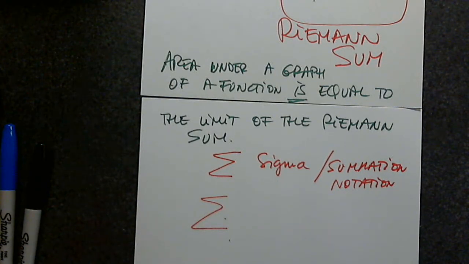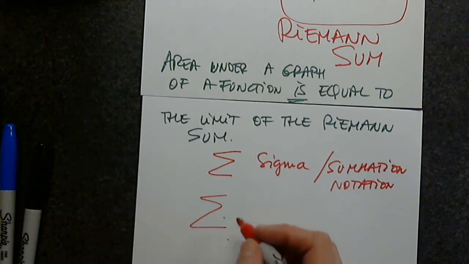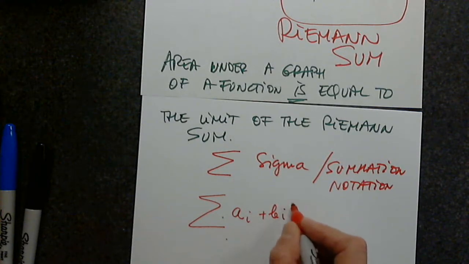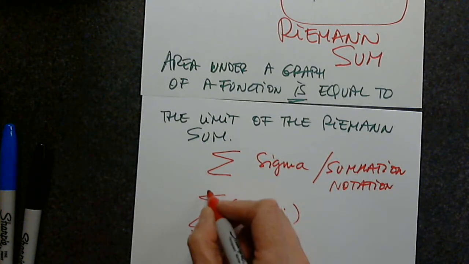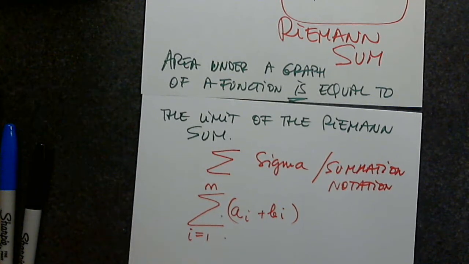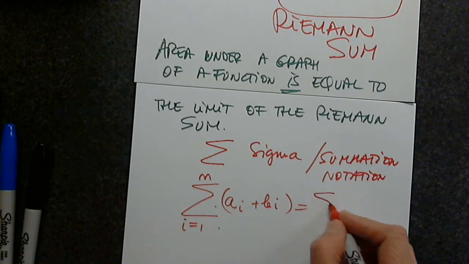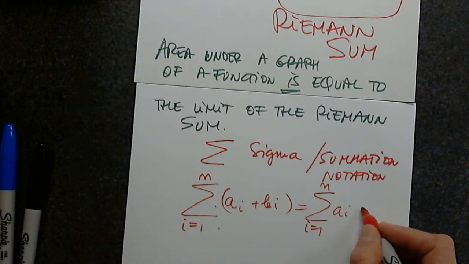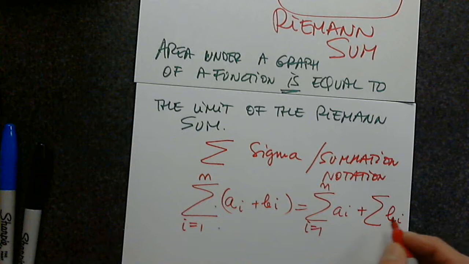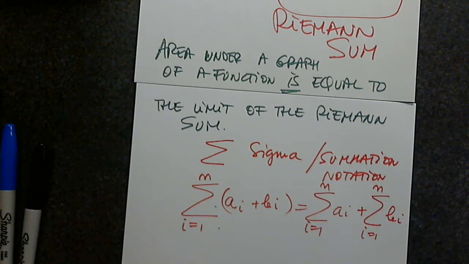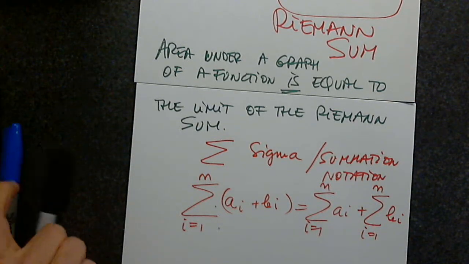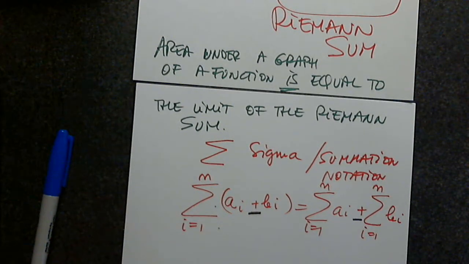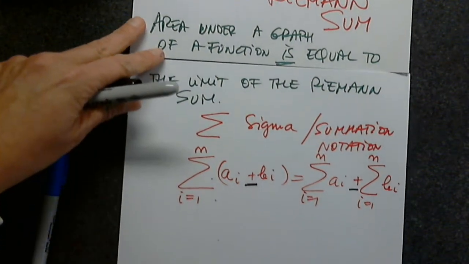The sum of ai plus bi from i equals 1 through n is the sum of ai from i equals 1 through n, plus the sum of bi from i equals 1 through n. Do you think that this property changes if there is a minus instead of a plus? No. Here's one more property.